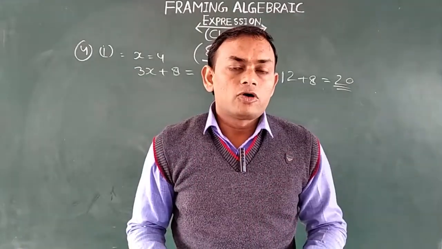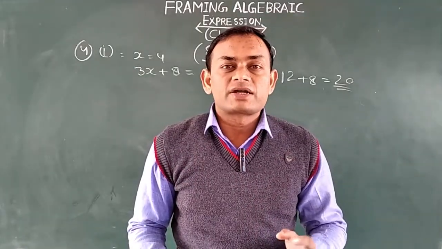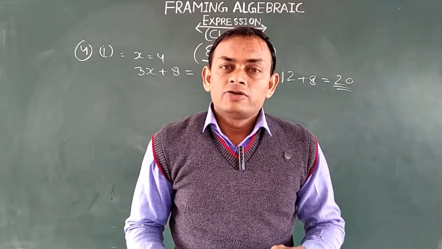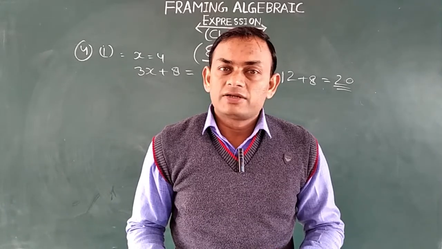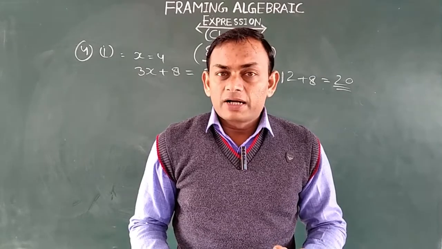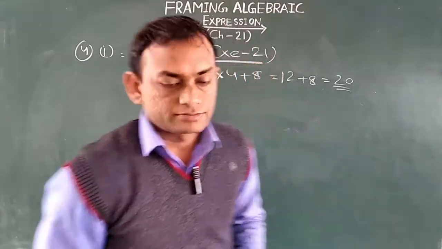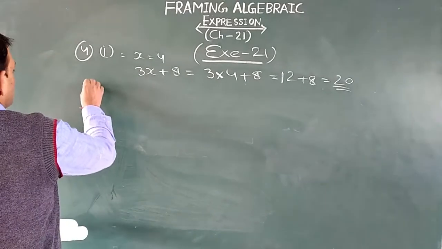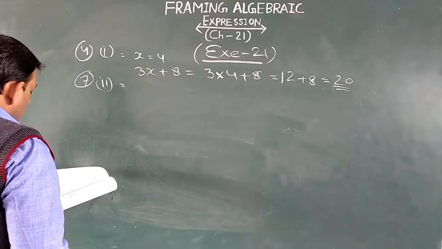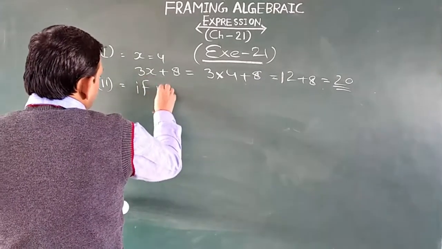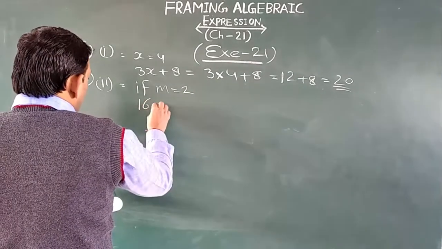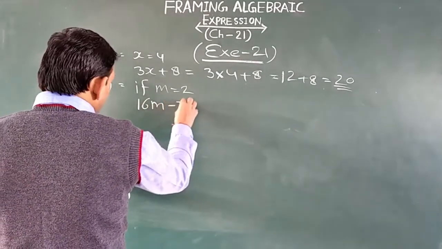Now after the question number 4, all the questions from 4 onward are exactly same. In all the questions you have to just put the value of the variable and you have to find the value of the given algebraic expression. Okay. So I am just telling you the second part of the question number 7. Here the question is saying if m is equal to 2, so find the value of 16m minus 7.